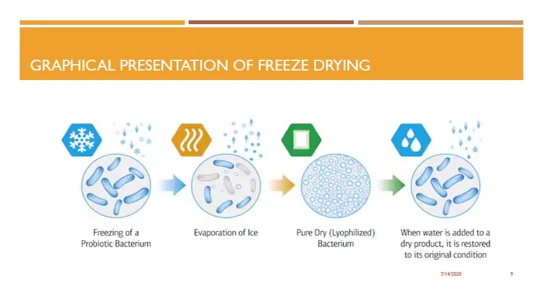As you also see the freeze-drying process from this graphical presentation, first we freeze rapidly, then evaporation of ice and we remove all the liquid, then we achieve the pure dry bacterium, which means our specimen or sample is fully lyophilized. And then when we add water to a dry product, it is restored to its original condition.